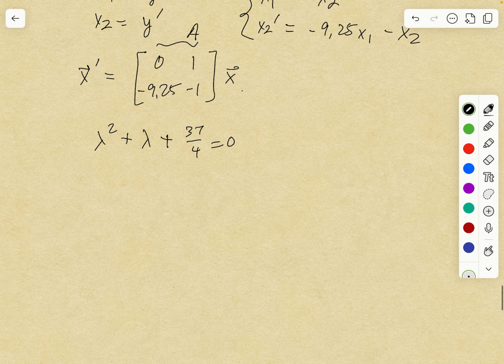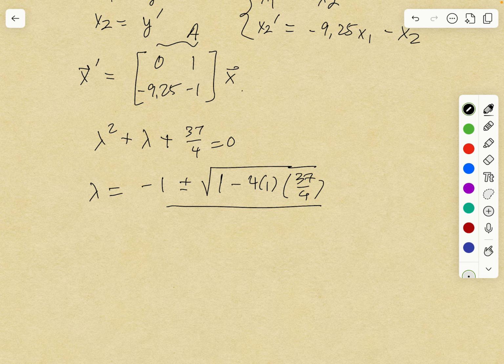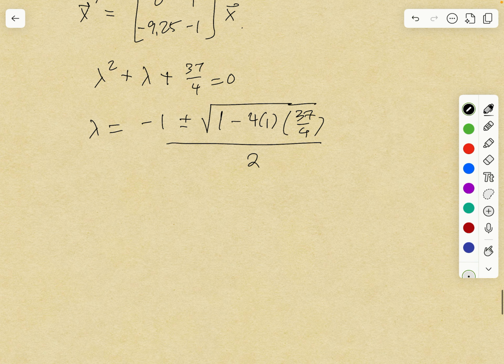Now let's find the roots of this to find the eigenvalues. So it's negative b, so negative 1 plus or minus the square root of b squared, so that's 1 minus 4 times a, which is 1, and then c, which is 37 over 4, over 2a, which is 2.